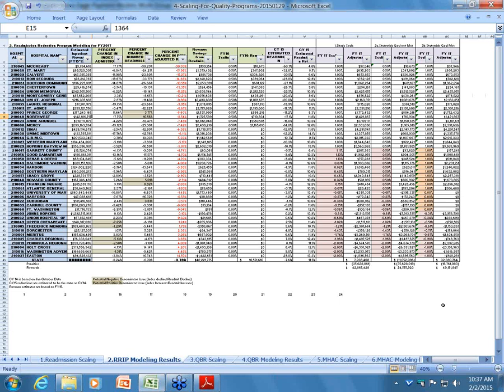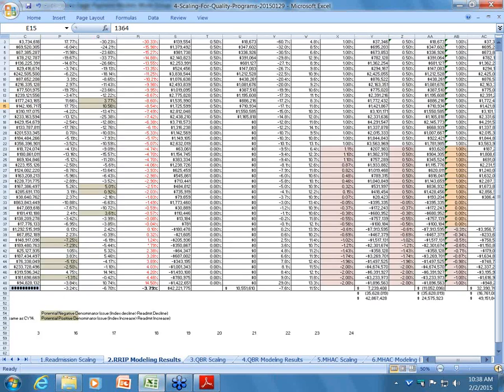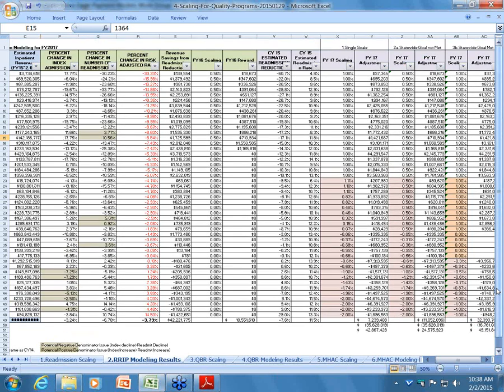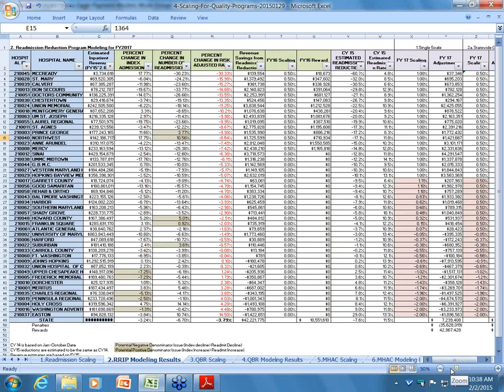And maybe what I'm saying may be too oversimplified, but what I'm thinking is, let's just say, to keep it simple, if there were only 3 hospitals in the state, if we hit the target and Hospital A did well in reducing readmissions and Hospitals B and C did poorly, among the 3, if we hit the target, shouldn't the incentive program be designed so 100% of the reward goes to Hospital A, and Hospital B and C lose in proportion to the amount that they contributed to the state trying to hit the target?